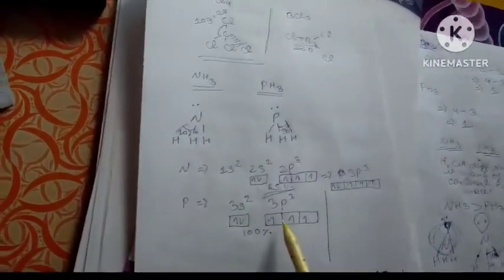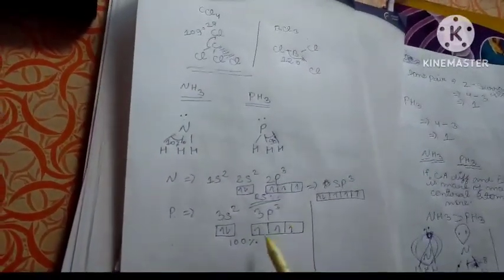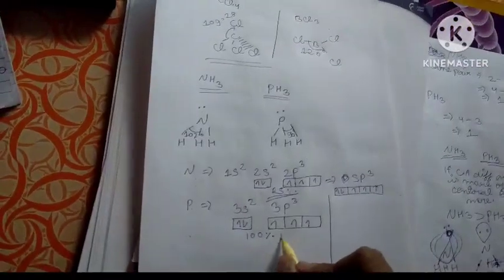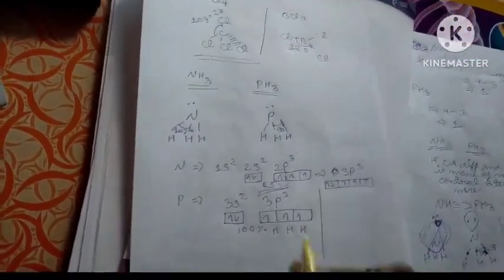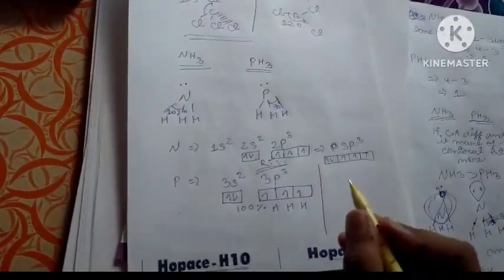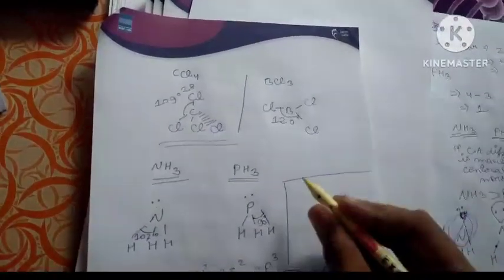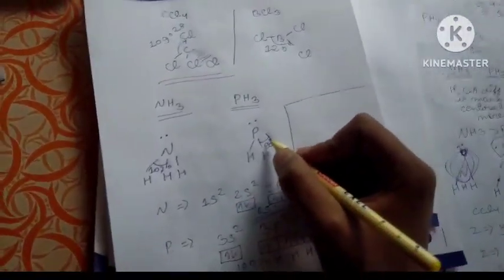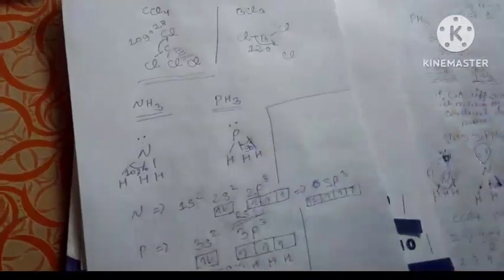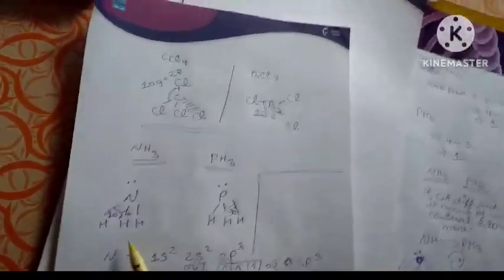So the p subshell has 3 electrons, and it will make bonds with the 3 hydrogens present, so the bond will be made at 90 degree. This is all about Drago's rule. As I have drawn the geometry of PH3, due to this the angle is lower than the angle of nitrogen. Now you could understand that.